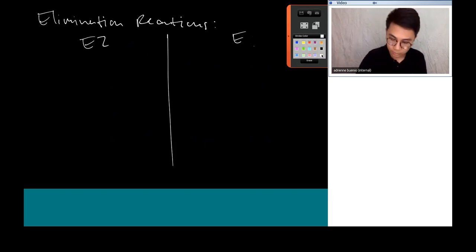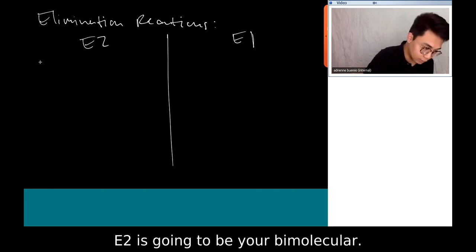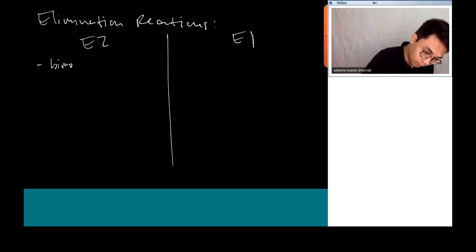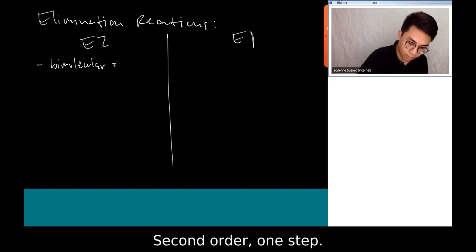E1. So first things first, very similar to the substitution. E2 is going to be your bimolecular, and to save room, it's going to be one step. Second order, one step, right?